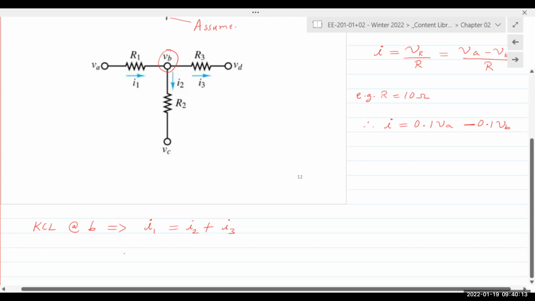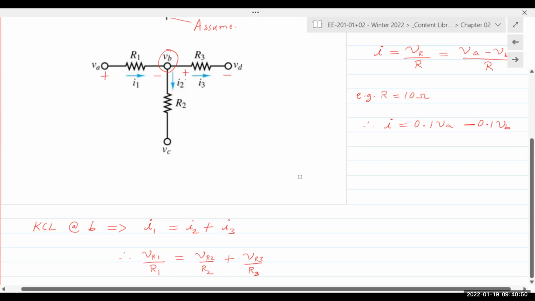Then I express I1 in terms of the resistor voltage. So I would say VR1 divided by R1. I have VR2 divided by R2 and VR3 divided by R3. Since I1 is going from the left, I'm going to say A is higher than B. Since R3 is also going from left to right, VB is higher than VD.